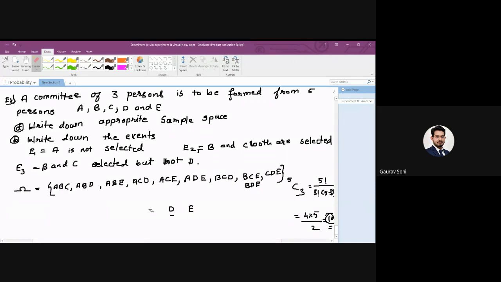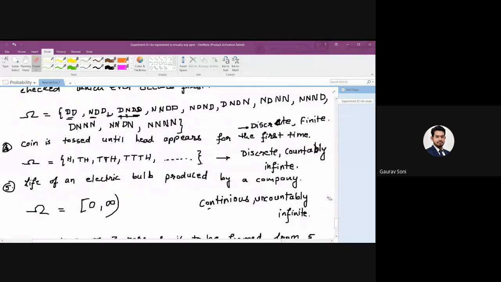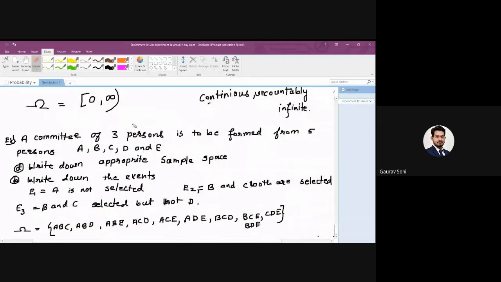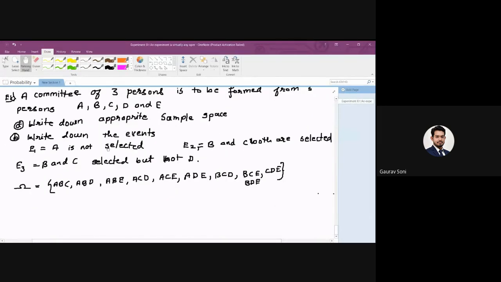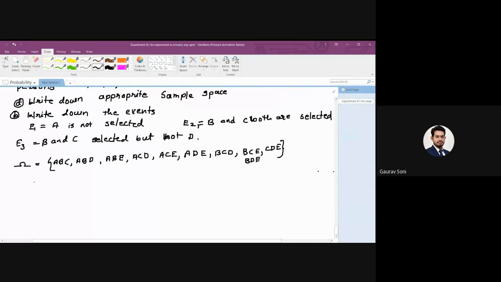Now let's write down the events E1, E2, and E3. E1 is A is not selected.